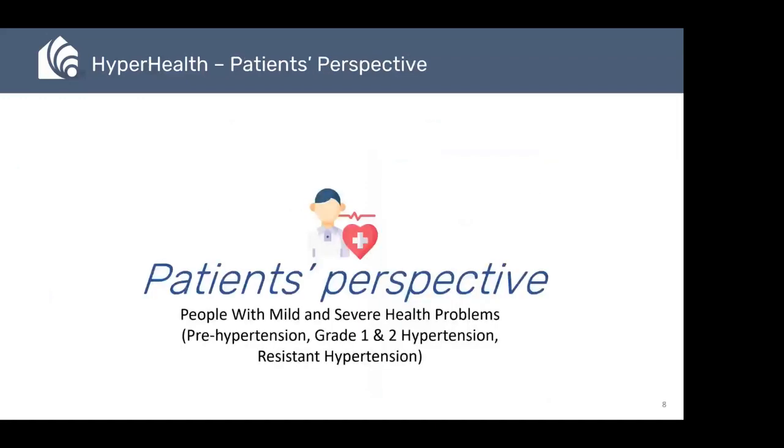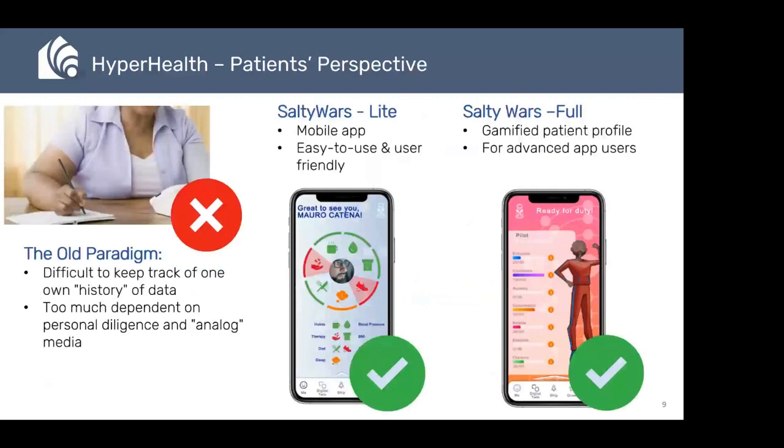Then we can go to the patient perspective, where we can briefly overview the main features of Saltyverse. It's a mobile app for both Android and iOS. It can be downloaded and installed in two different flavors.